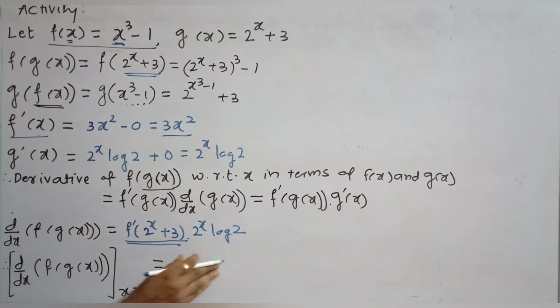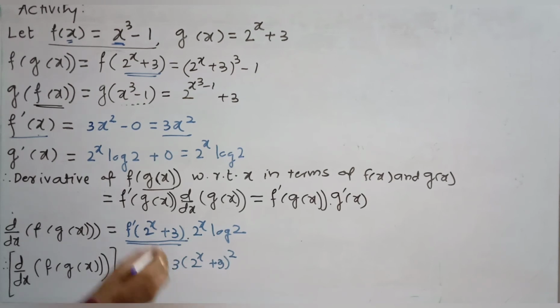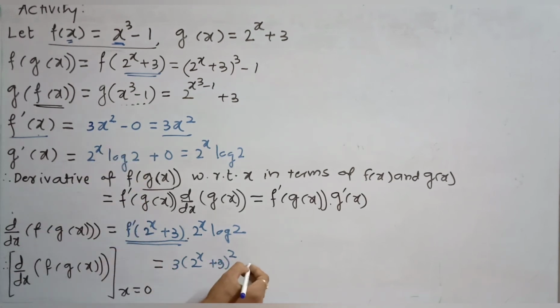So f dash of 2 raised to x plus 3 should be 3 into that input square, that is 2 raised to x plus 3 whole square, into 3. That's how you get it. And then into 2 raised to x log 2 is repeated. So 3 into 2 raised to x plus 3 whole square into 2 raised to x into log 2. This is what we get for d by dx of f of gx.